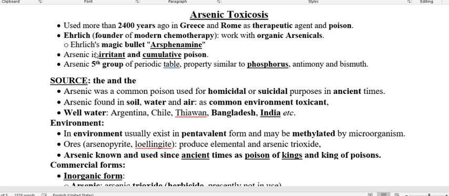Because of the structural similarity of arsenic with phosphorus, toxicity may occur in animals or living things, particularly eukaryotes.